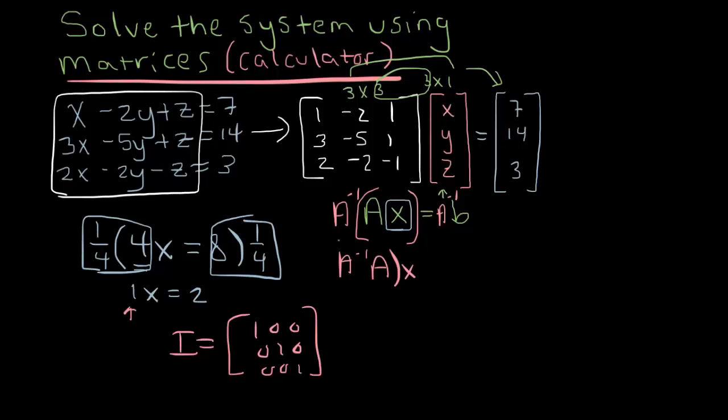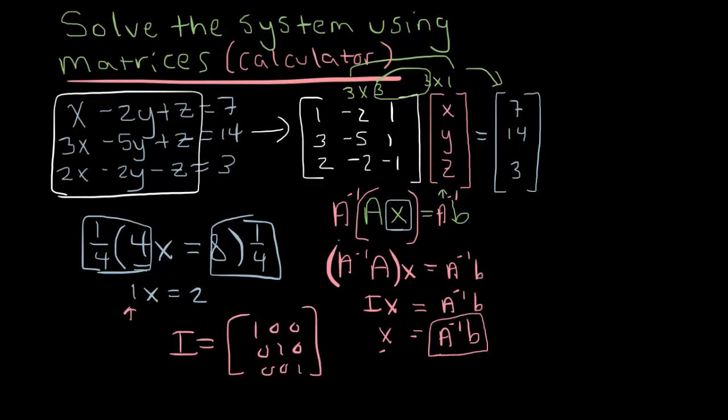And so this is going to produce our identity, which is going to produce our x. And so on the right hand side, of course, we've got A inverse B, and all that leads us to the conclusion that if we want our answer, we just need to go into our calculator and punch in A inverse B.